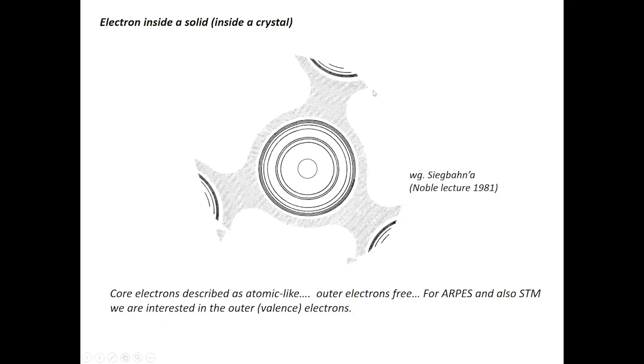For ARPES and also for STM, we are interested in these outer valence electrons, which can move in the crystal, or at least you can think they can. This is the classical imagination about the situation you have here.